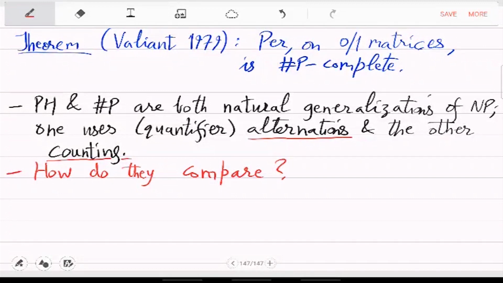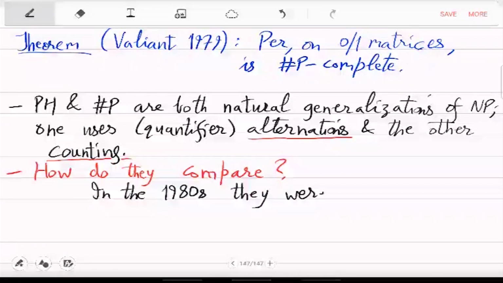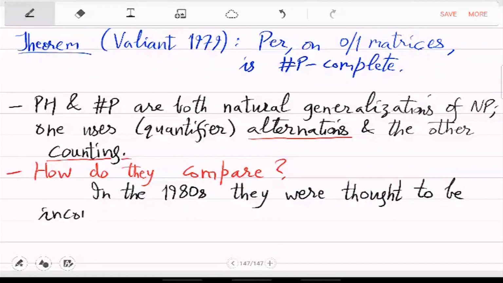Then which one? So, in the 80s it was thought that they are incomparable. They were thought to be incomparable because PH has NP and NP can be solved using Sharp-P, but then NP to the NP looks like something very different because it has for all quantifier.